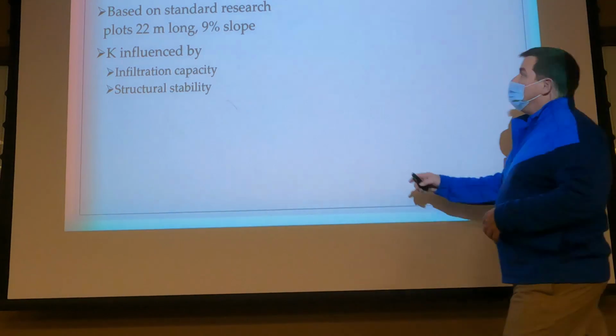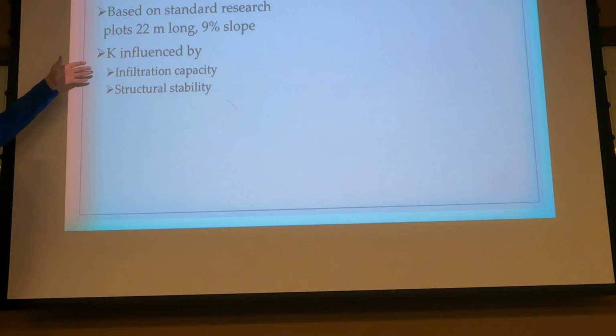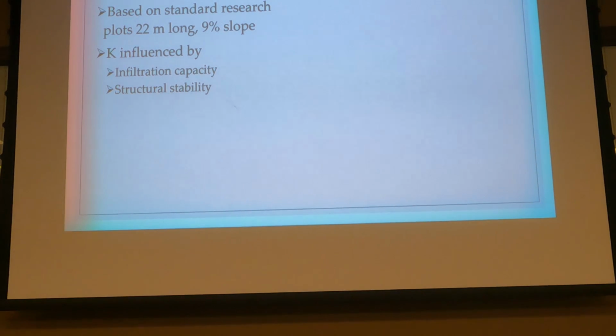So our soil erodibility is going to be influenced by the infiltration and the structural stability, like for instance, right here we have infiltration and structural stability. And so we want to use no-till because we're not disrupting that soil structure.